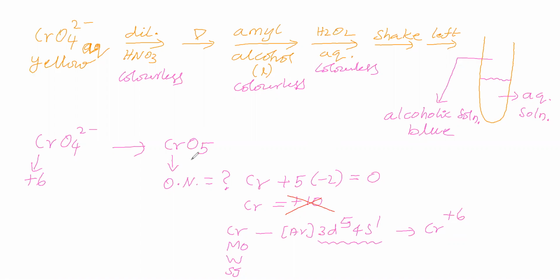From the oxidation number of chromium, in these 5 oxygens, how many will have minus 1 and how many will have minus 2, we have to calculate it.